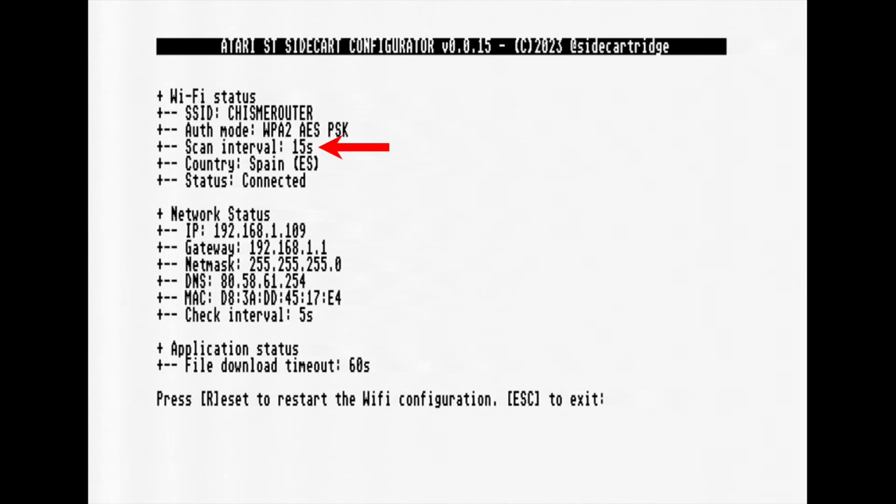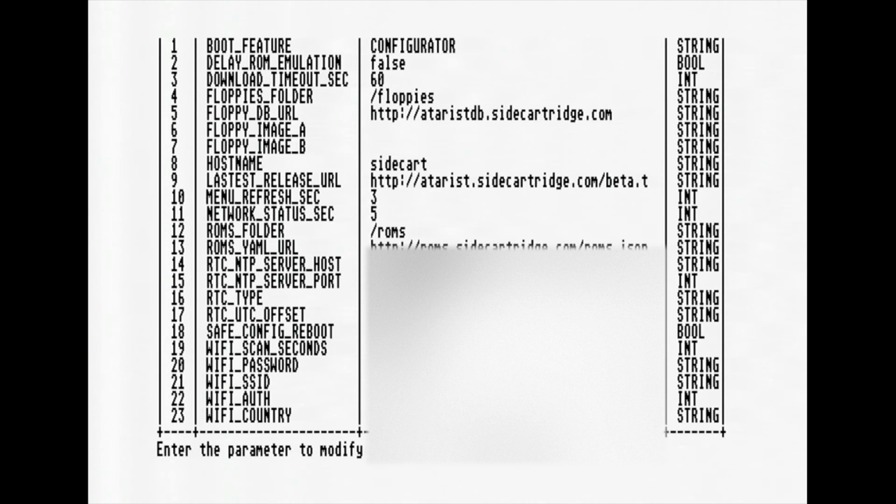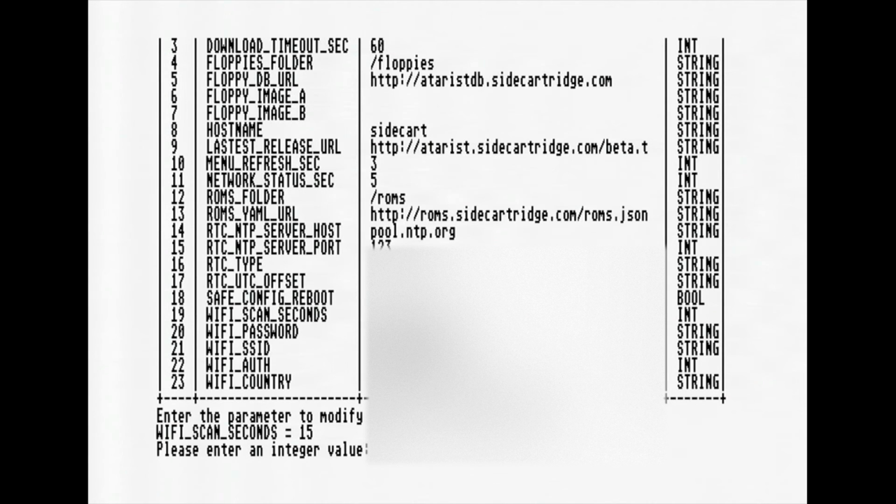So it could be the case that you need to change this parameter to scan more frequently to find your network. Again, we go to the SidecarT configuration page and we look for the index of this new parameter, which is Wi-Fi scan seconds. I will change it to 5 seconds. After changing this parameter, I strongly recommend to reset the Wi-Fi configuration and start configuring it again.